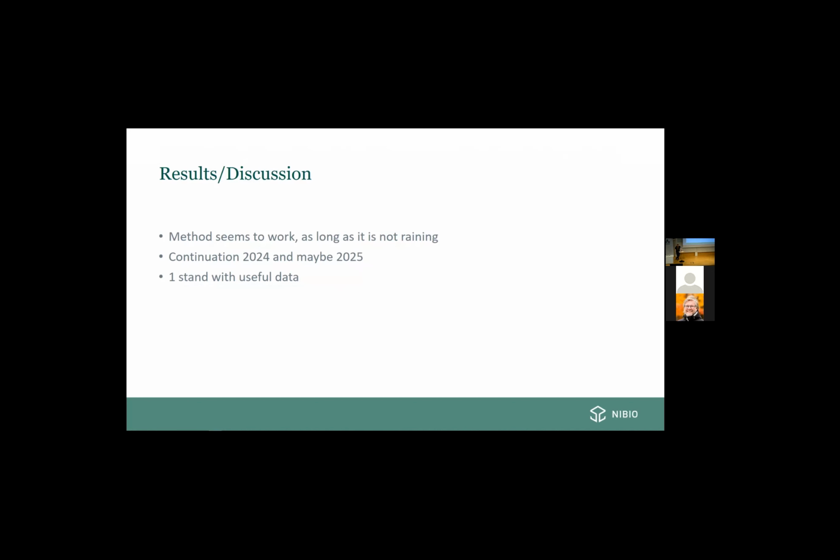And of course, there could be some errors because we only have one stand, so there could be some errors with the placement of the measuring points and those kinds of things. So we don't really know for sure that we need to change methods at the moment. But that's something that we'll see in the future, but it could be needed.